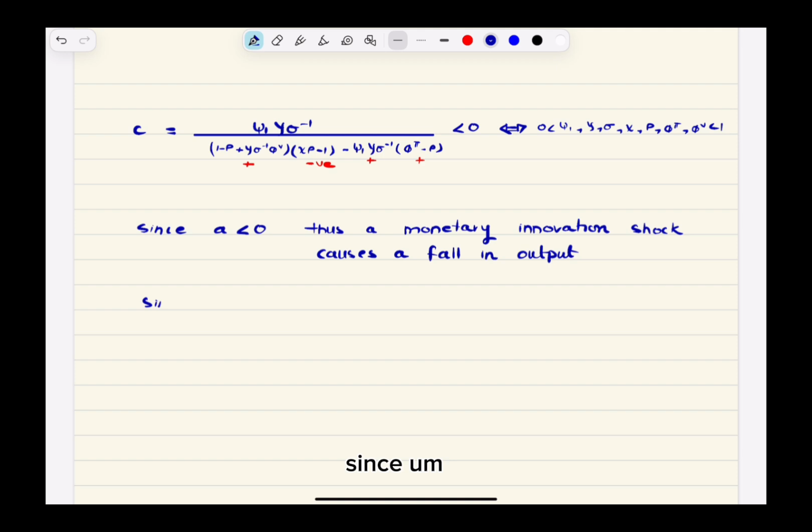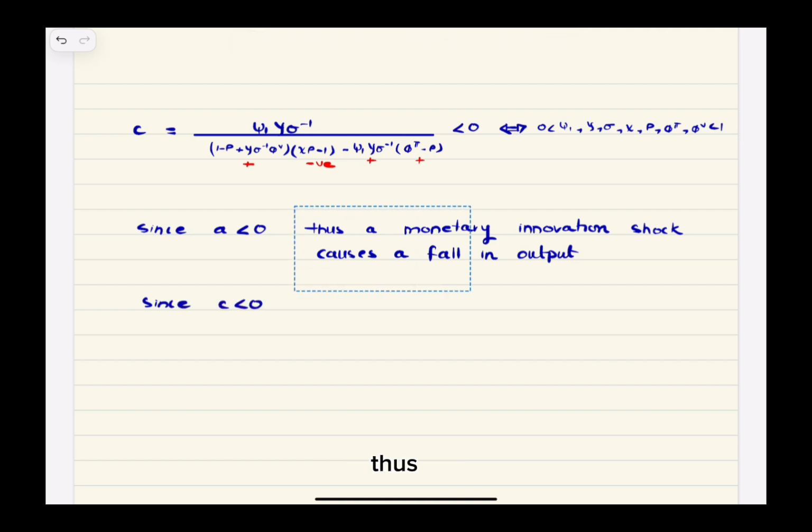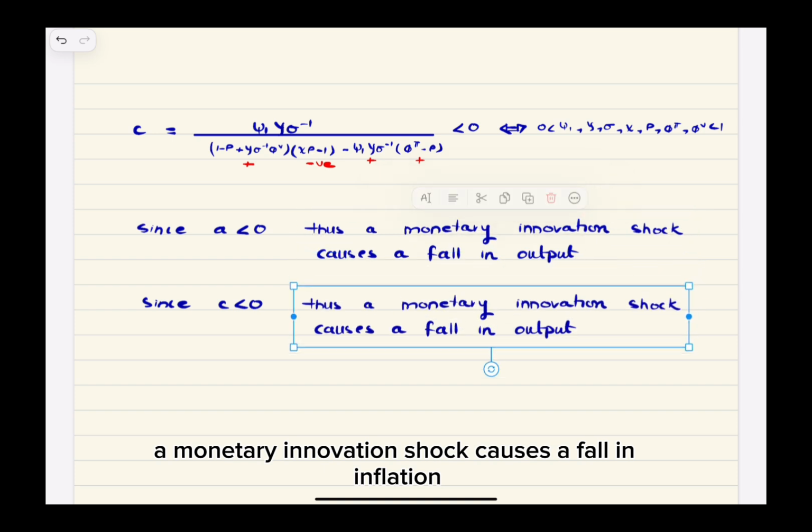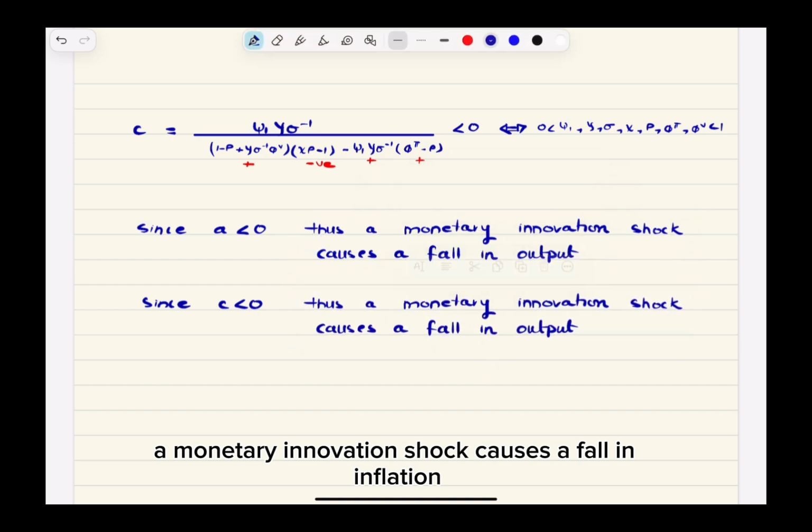Similarly, since C is negative, thus a monetary innovation shock causes a fall in inflation.